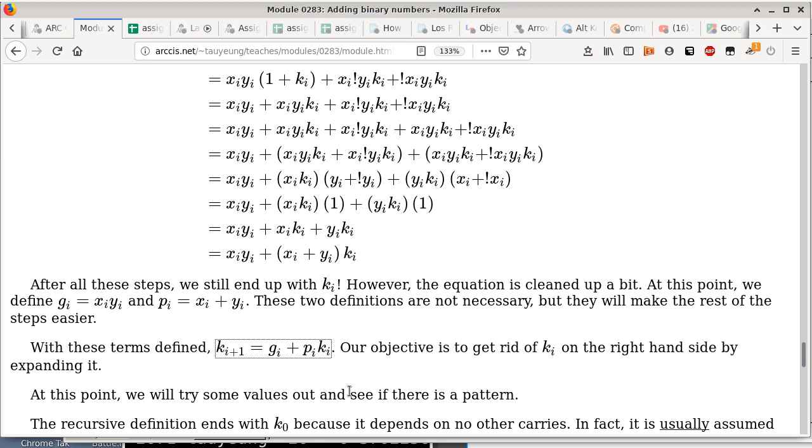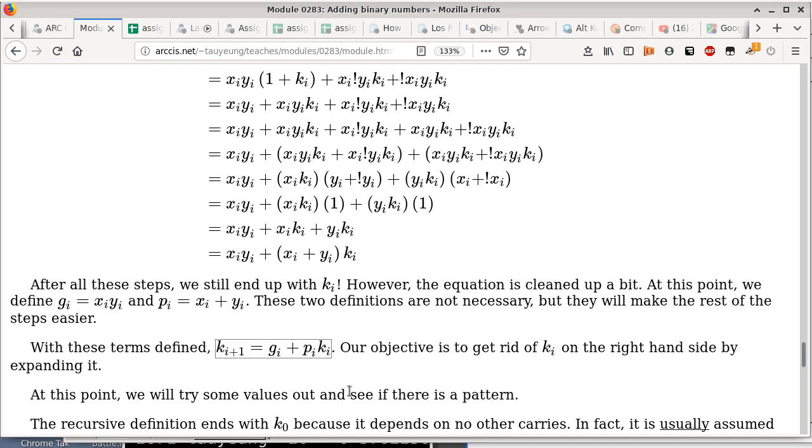Are we doing okay so far with this? Yes? Have we removed the dependency between k_{i+1} and k_i? Nope. But we have changed the notation. It looks a little nicer now. Okay, so it's still not working.